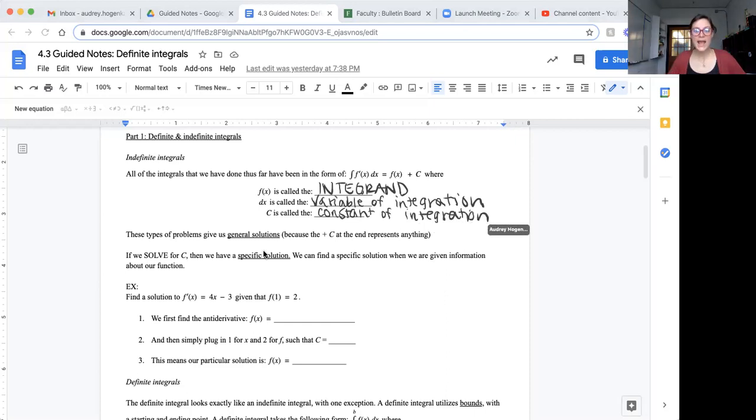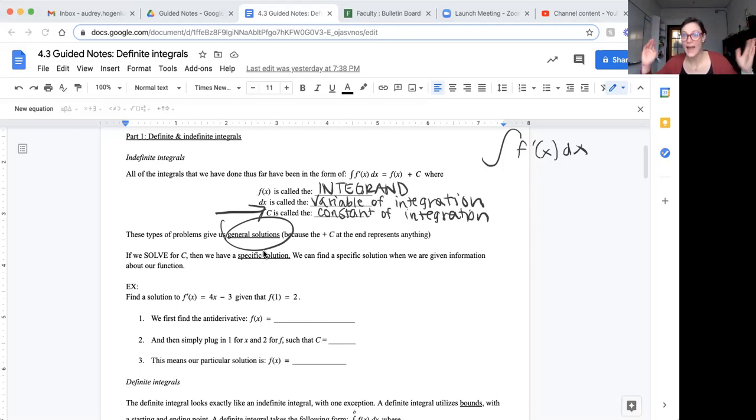And when we take the integral of a problem, like the integral of f prime of x dx, we get a general solution. That's because of that plus c at the end, which represents any and all constants. It's a general solution because when you take the integral and add plus c, it represents generally anything.